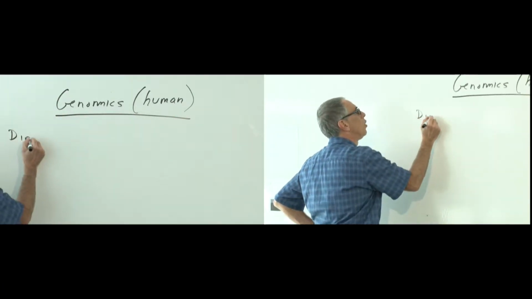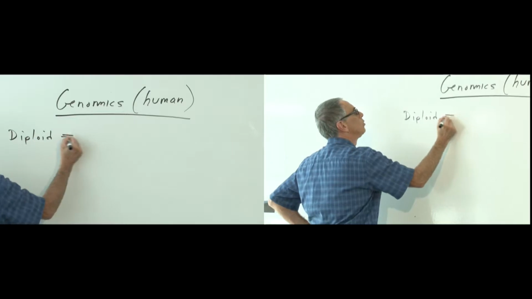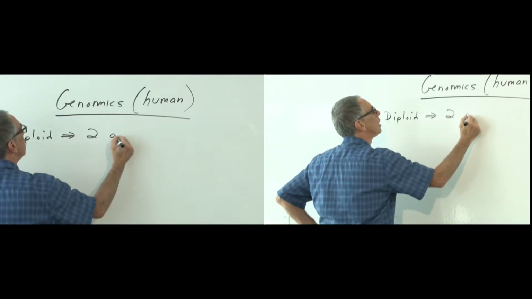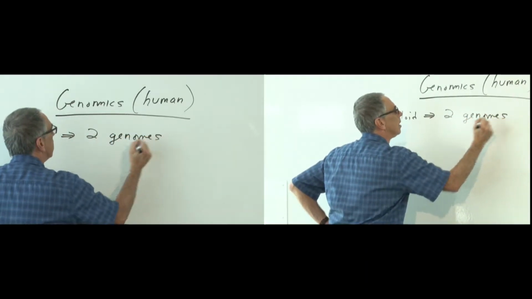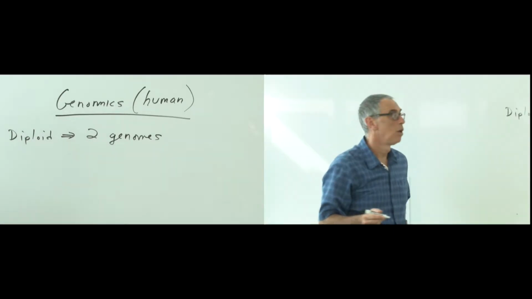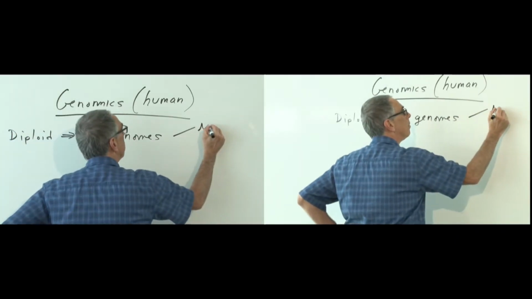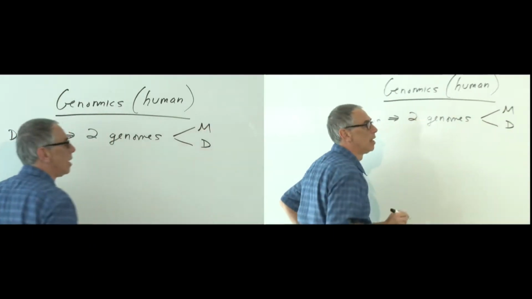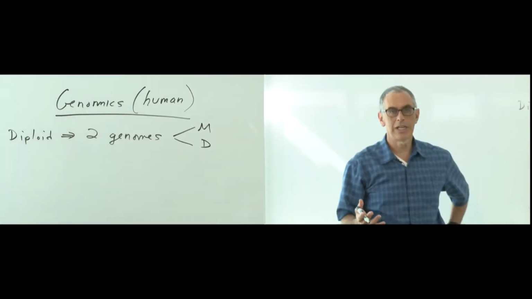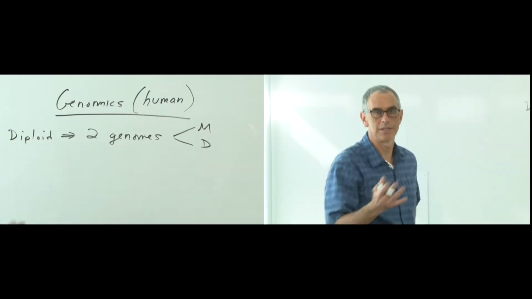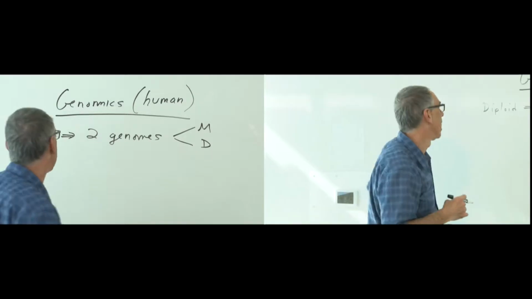Humans are diploid, which means we really have two genomes in every cell, one from mom and one from dad. And it means that for every gene, in general, we will have two copies, the copy from mom and the copy from dad.